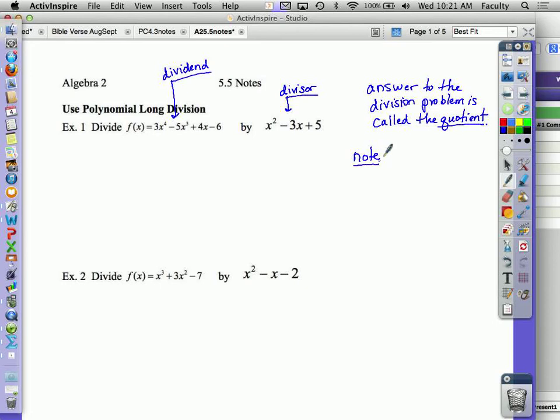When you want to do division, and I'm going to set this up and then write the note beside it, you put your divisor on the outside, but the dividend has to have every term. And it's only the dividend.